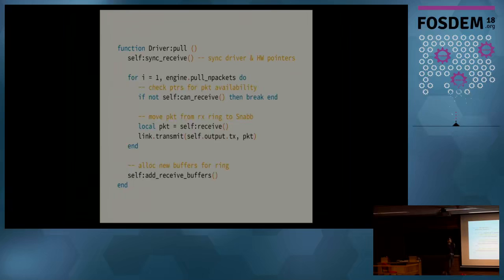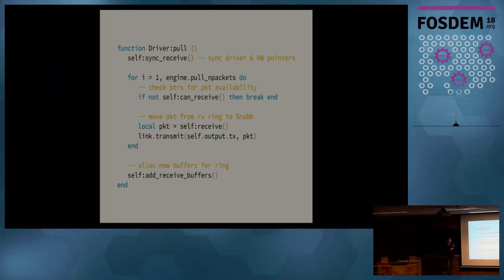And then in the first line, we're calling a method sync receive to synchronize the driver's copy of the pointers and the NIC's view of the pointers. And then there's a main loop here, which is basically just looping over the maximum number of packets that we can put in an app link at once.